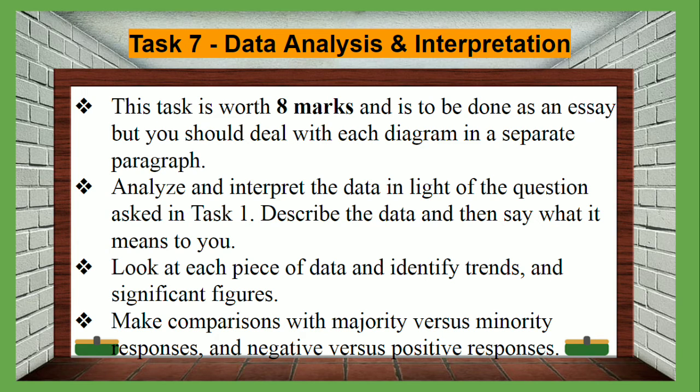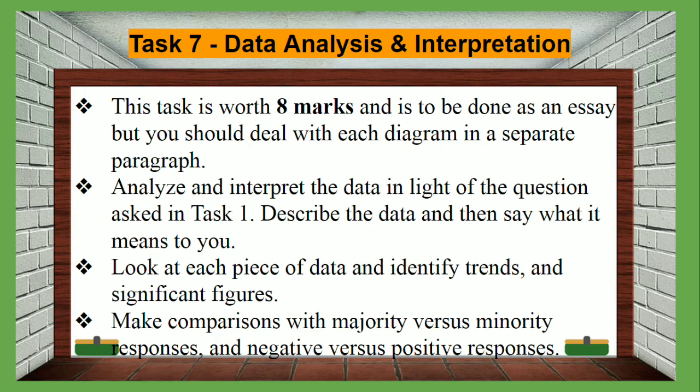And this now takes us to task 7, which deals with data analysis and interpretation. This is the task that carries the most marks. It is worth 8 marks and is to be done as an essay. However, please ensure that you deal with each diagram presented in a separate paragraph. Analyze and interpret the data in light of the question you asked in task 1.